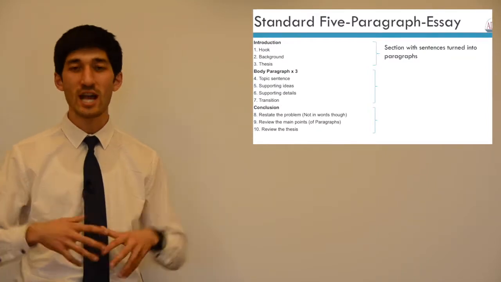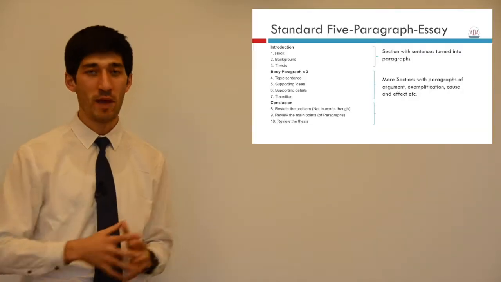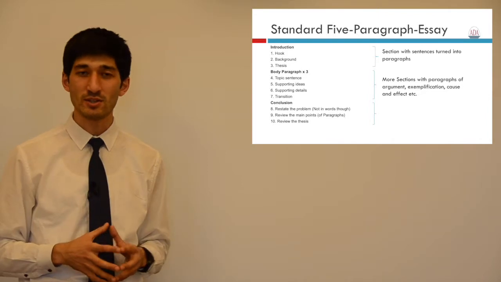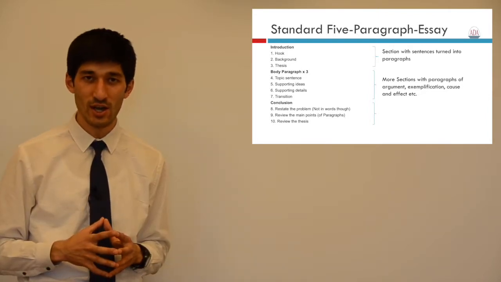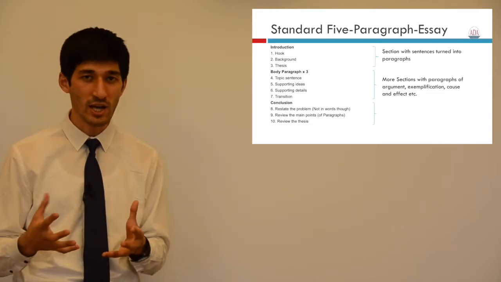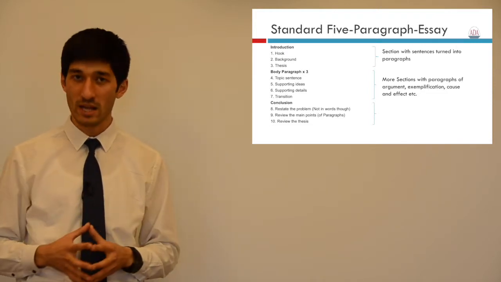We can also say the same about body paragraphs. Whereas a topic sentence is just a sentence, the function of introducing the idea of a section can be performed in a paragraph.